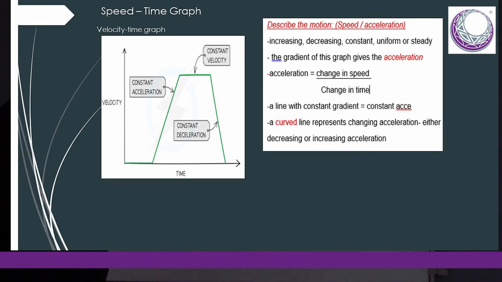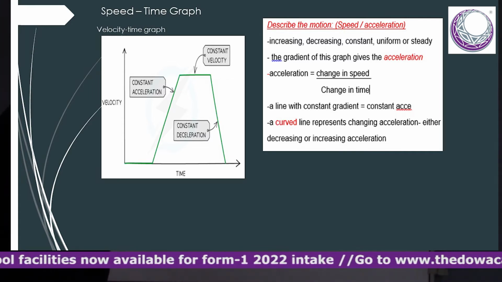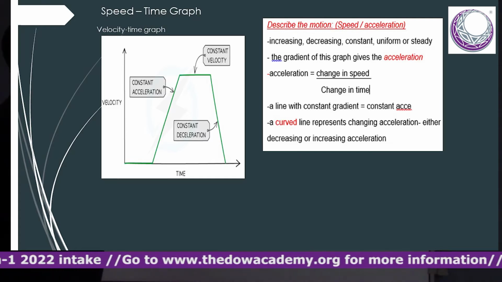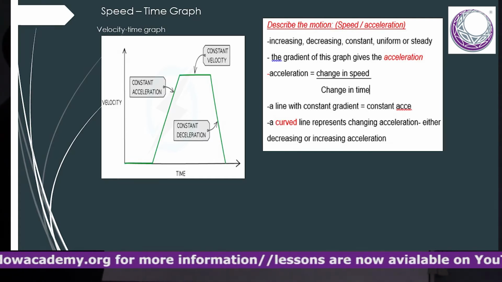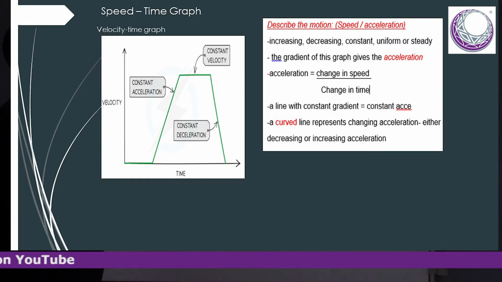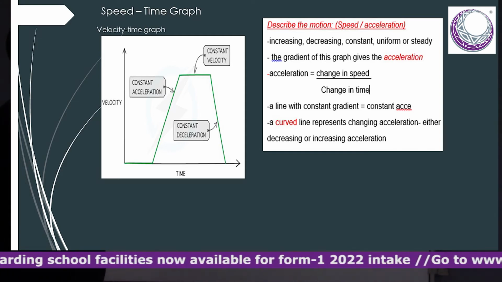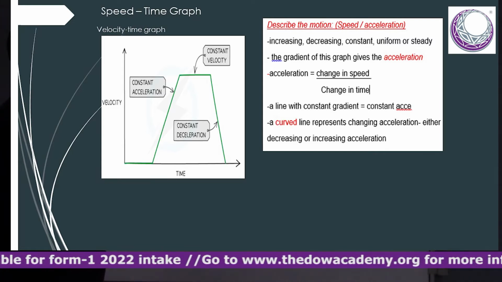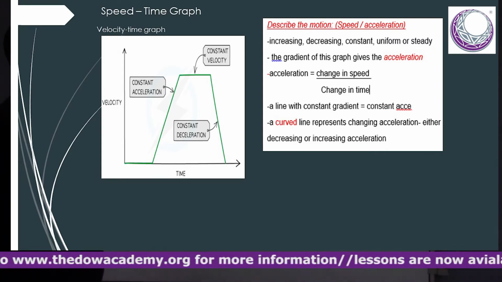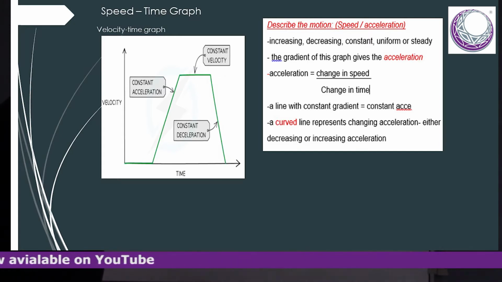The description comes in when you use ordinary describing words like increasing speed, decreasing speed, constant speed, uniform speed, steady speed. Same thing again, we have increasing acceleration, decreasing acceleration, constant or uniform acceleration. So this question is very simple. You are supposed to describe speed or acceleration using words like increasing, decreasing, constant, uniform or steady. That is what we mean by motion.